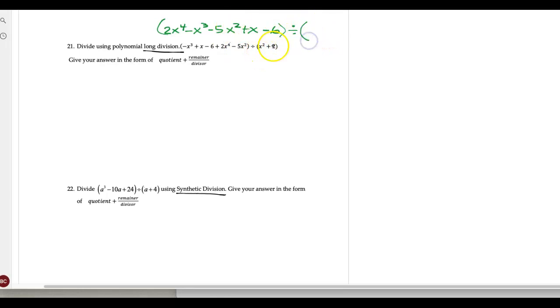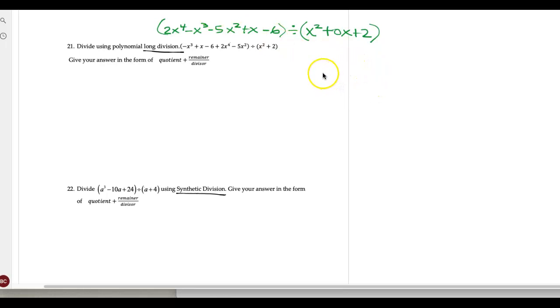All right, but here I can see I've got x squared. My x term is missing, so I'm going to put in plus 0x and then plus 2. All right, so what I'm dividing by, my divisor, has to go on the outside.